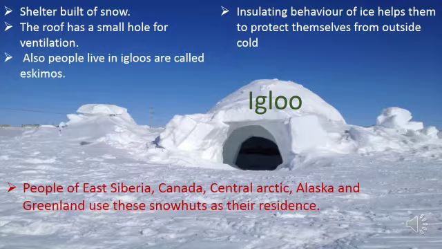So, cold winds or cold temperature do not pass through the blocks of ice and move inside the house, keeping the house warm inside. So, it helps to protect the people living in igloos from the outside cold.